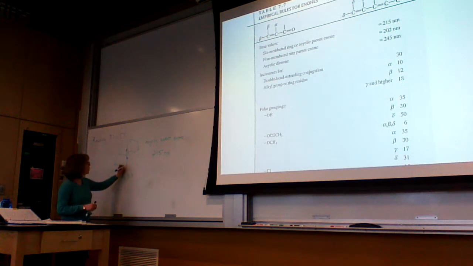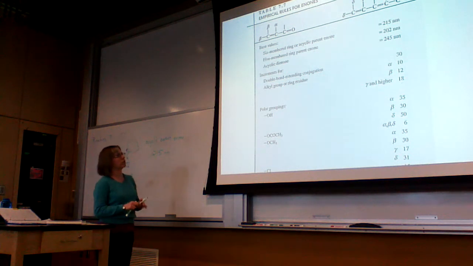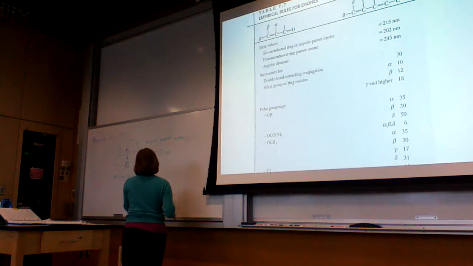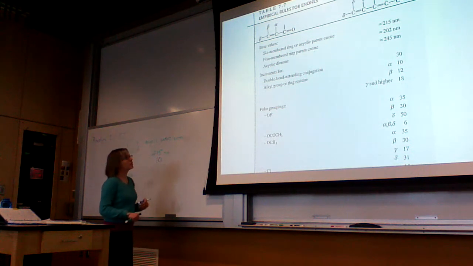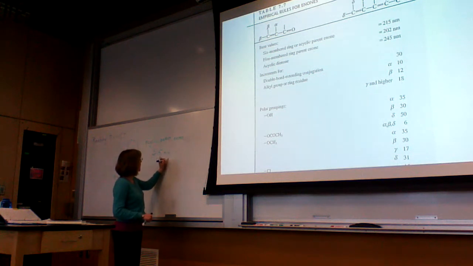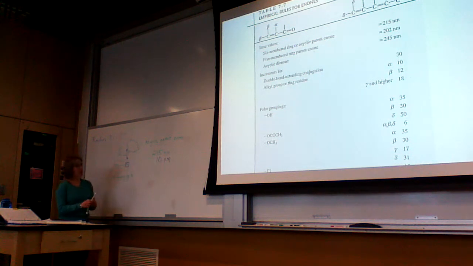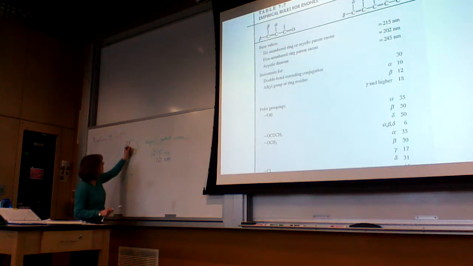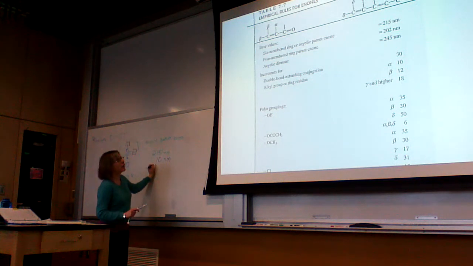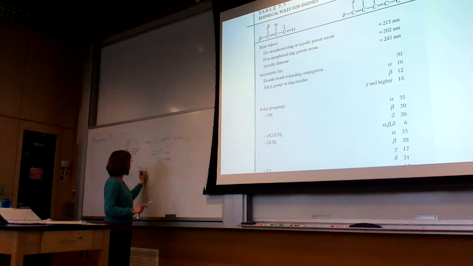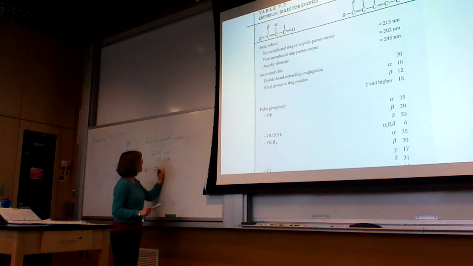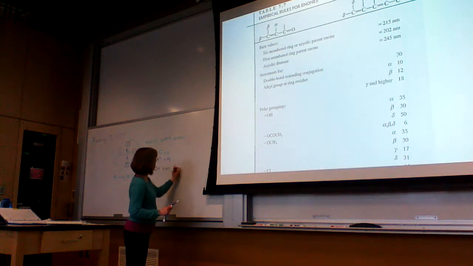We have one alkyl group alpha, and for an alpha alkyl group, it adds 10 nanometers. For beta alkyl groups attached to the beta, this is going to be 2 times 12, 24 nanometers for our beta alkyl groups. And we have our alpha alkyl here.